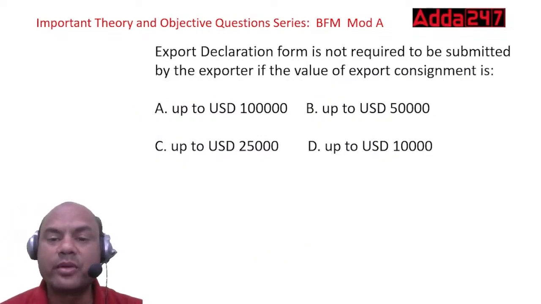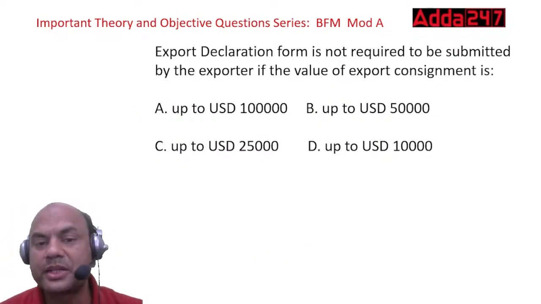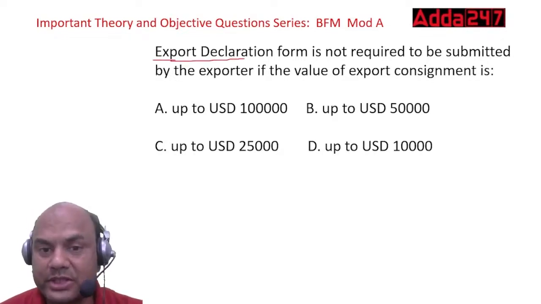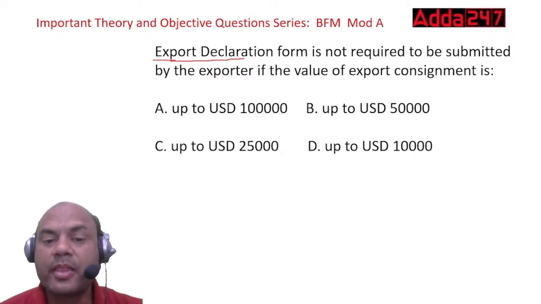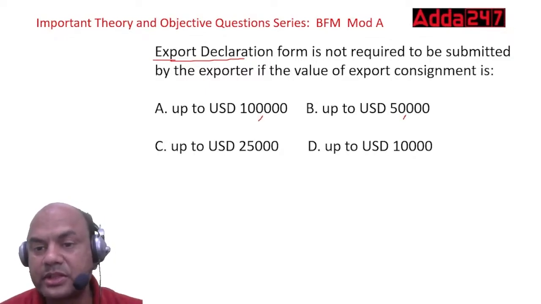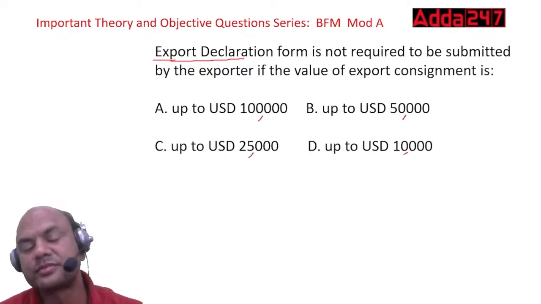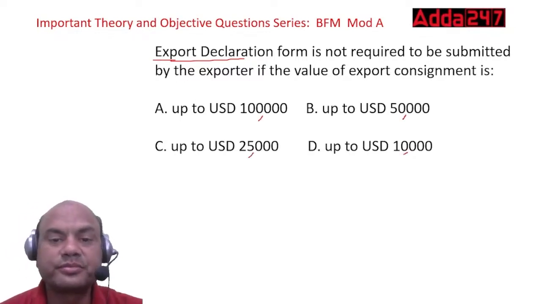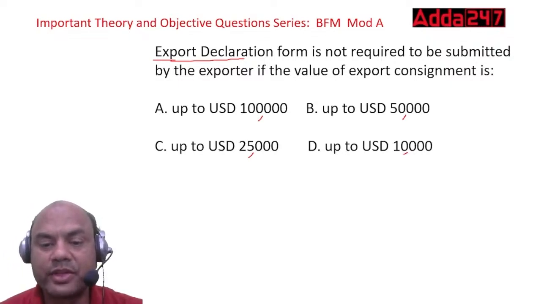Export declaration form is not required to be submitted by the exporter if the value of the export consignment is: up to USD 1 lakh, up to USD 50,000, up to USD 25,000, or up to USD 10,000. Think over it now, everyone.